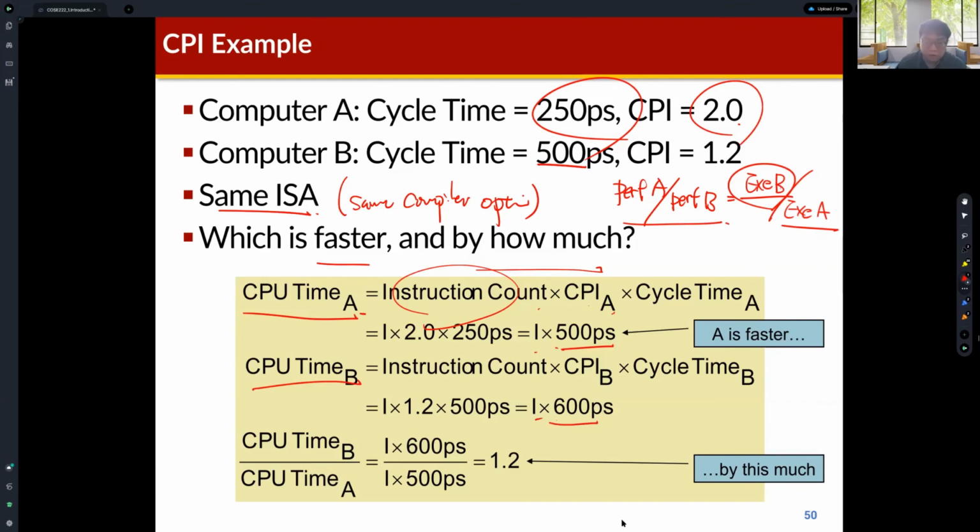We just replace the values here and here. It's 1.2. It's very easy. So we can say processor A is 1.2 times faster than processor B, right?